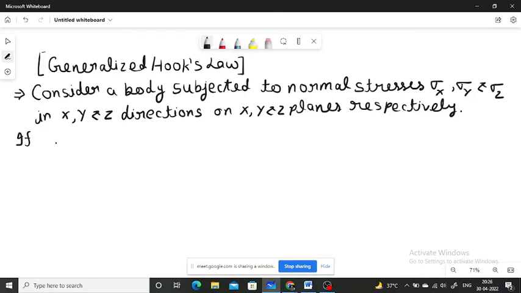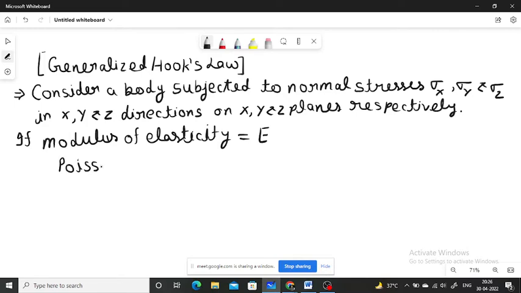If the modulus of elasticity is equal to E, and Poisson's ratio is equal to mu.